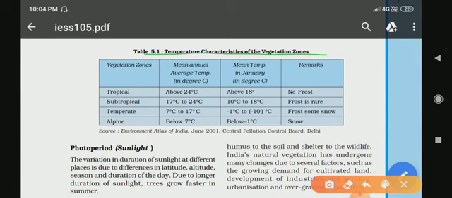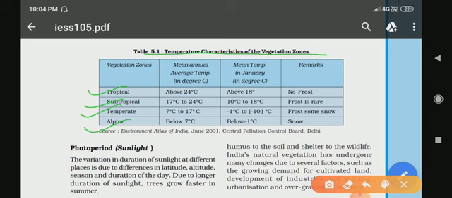If you look at the picture below, this is how the zones are divided: tropical, subtropical, temperate, and alpine.